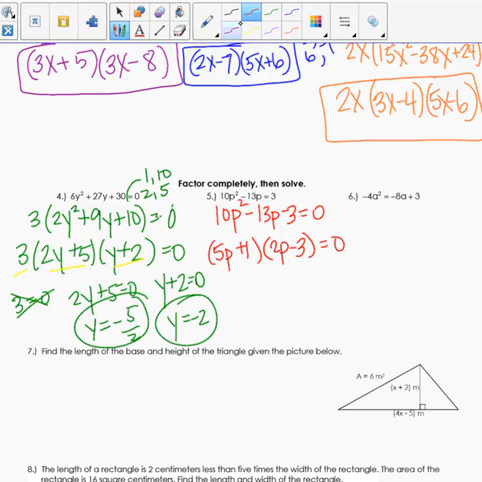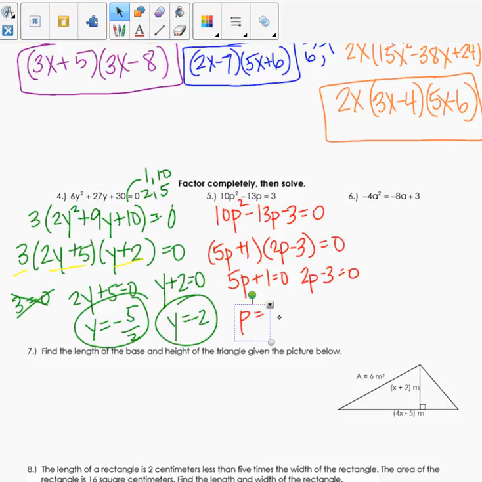Awesome. All right, now I can solve. So 5p plus 1 equals 0, and 2p minus 3 equals 0. So one of your answers is negative 1/5.